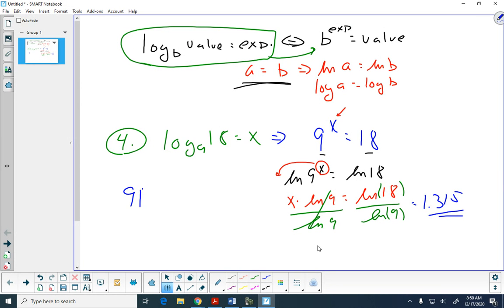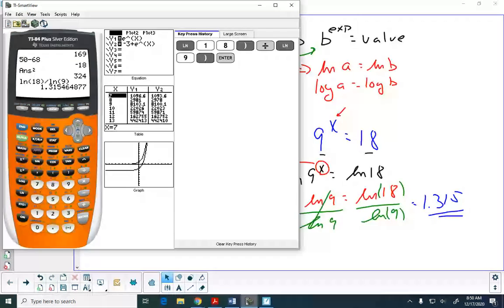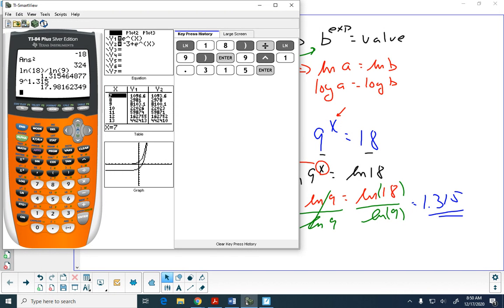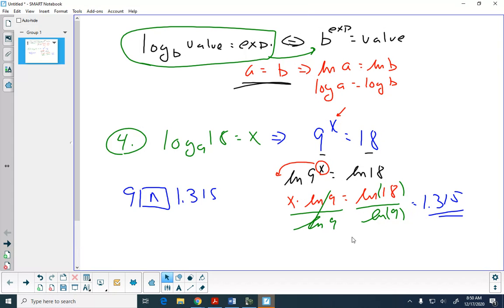If you go 9, hit your caret button to the 1.315 power and hit enter, I get something close to 18. It's not going to be exact because I'm rounding it to 3 decimal places. But you should take it to 3 decimal places.